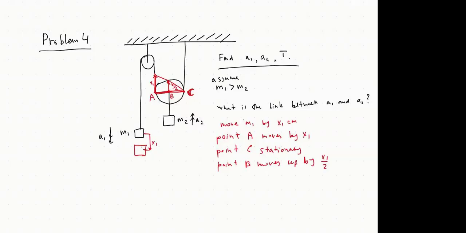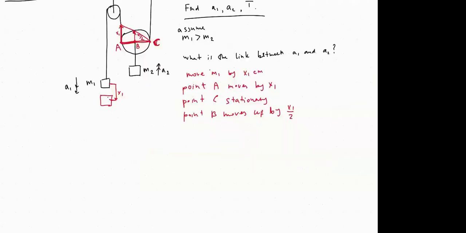And we spoke about this in problem 1. In other words, x2 is equal to 1/2 of x1. Now, if we differentiate this with respect to time, velocity 2 is 1/2 of velocity 1.